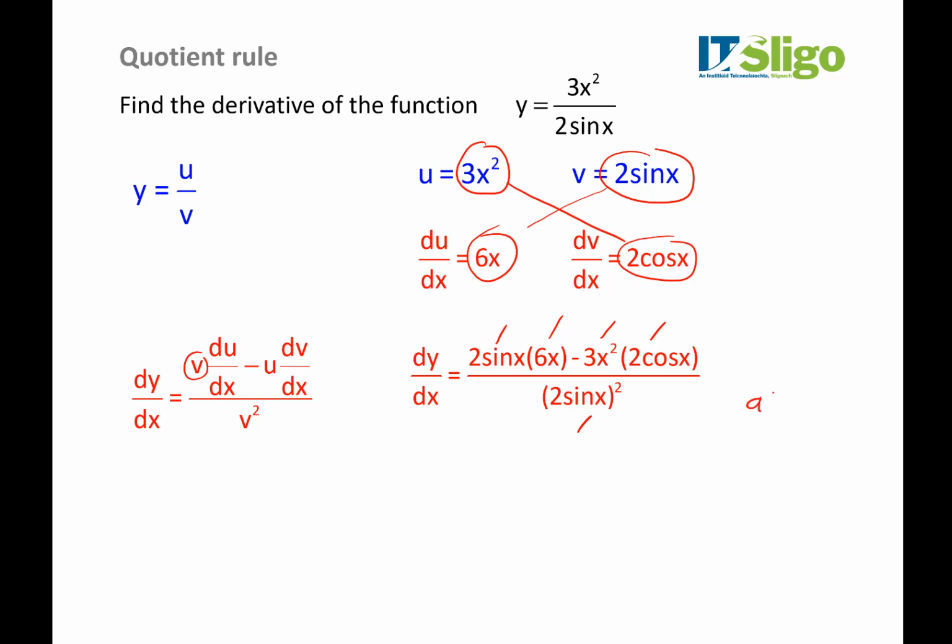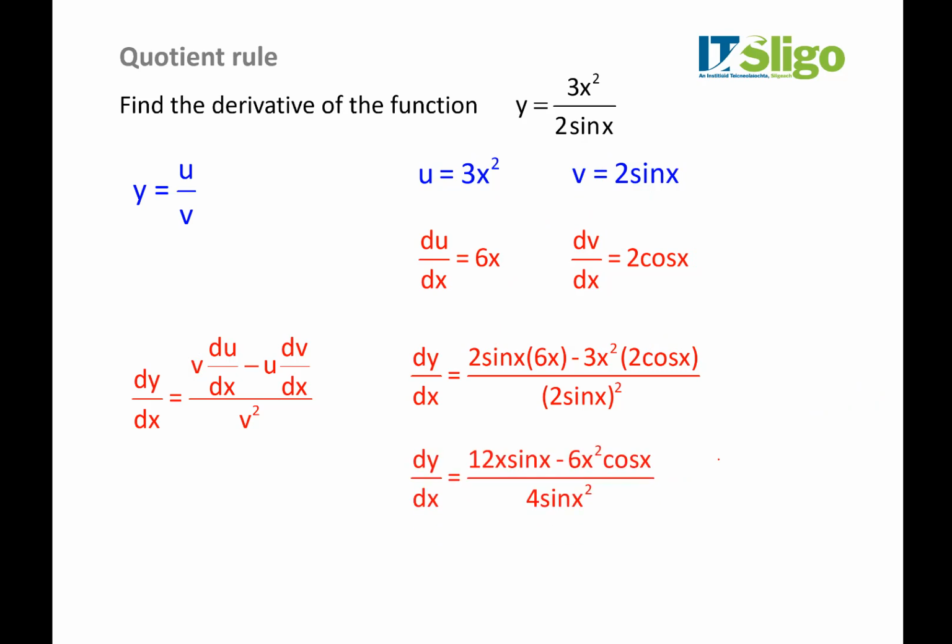Now remember, when we're squaring this, each bit gets squared independently. So 2 squared will give us 4. Sine x squared gives us sine squared x, which looks like that. And now we look: we have 3 terms, 2 on the top, 1 on the bottom.